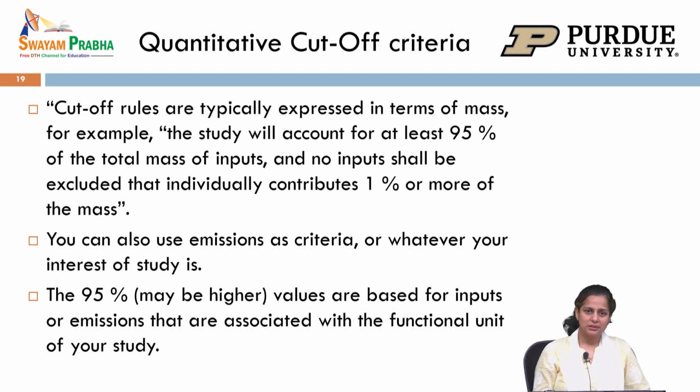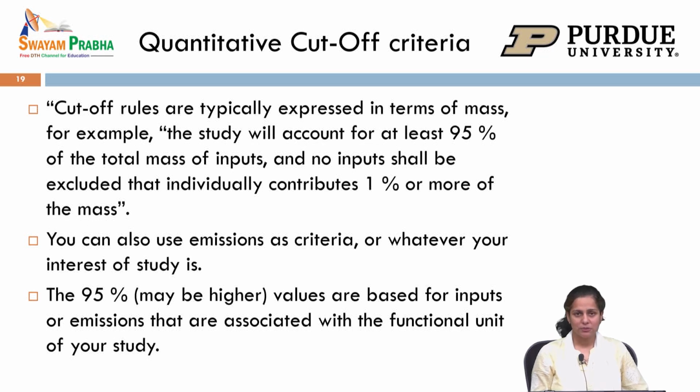So, what this means is that if you have information on all the different processes and you see that there are some processes that are contributing less than 1% of input to your main manufacturing process, then you can say that this is something that will be insignificant in terms of environmental impact and you will be ignoring that.